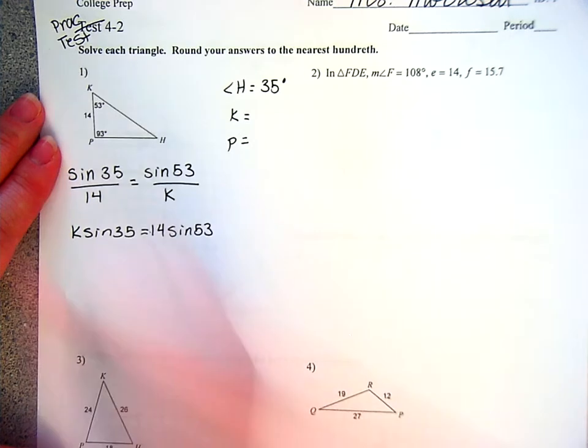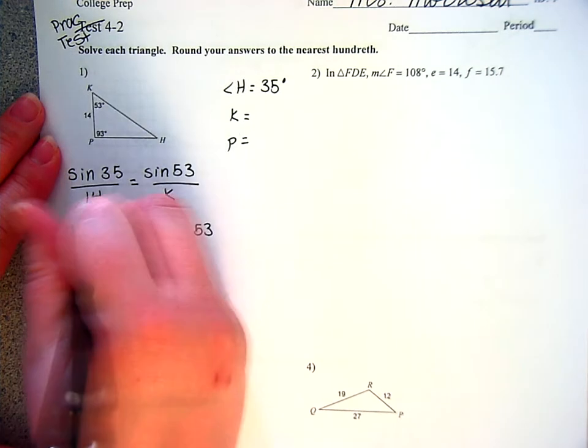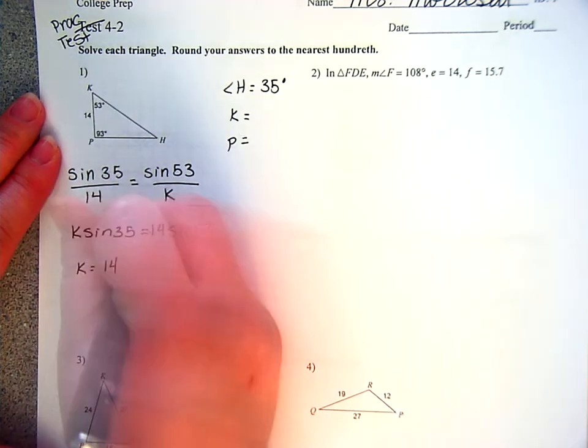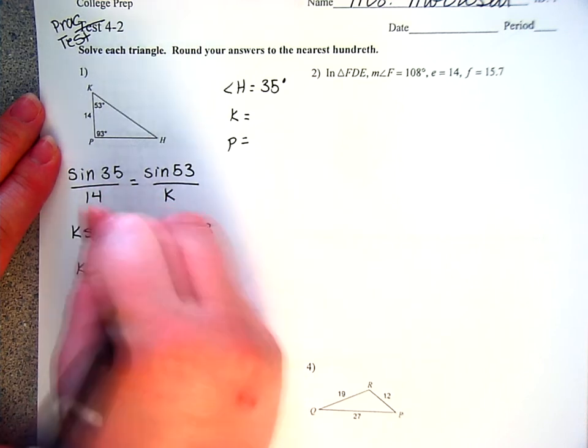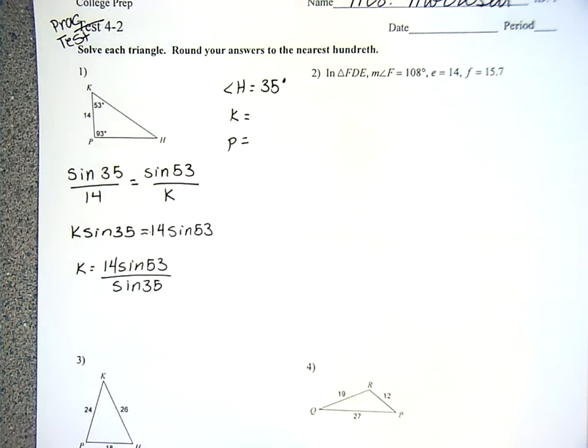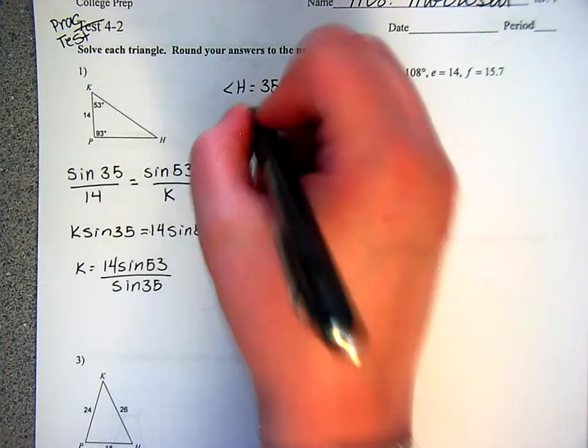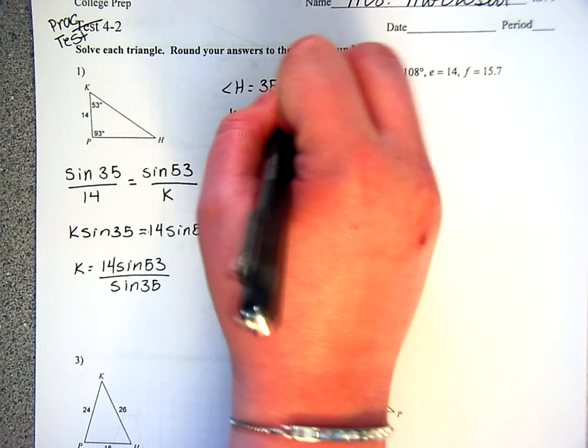Then I divide by sine of 35 on both sides. So K is equal to 14 times the sine of 53 divided by the sine of 35. You need to make sure that your calculator is in degrees. When you plug that into your calculator and round it, you should get that K is equal to 19.49.